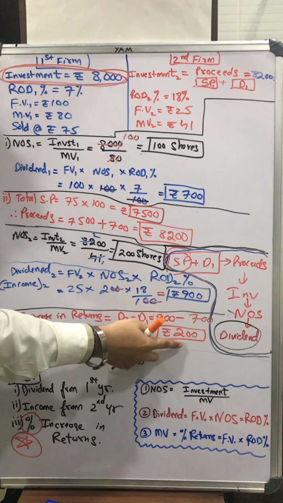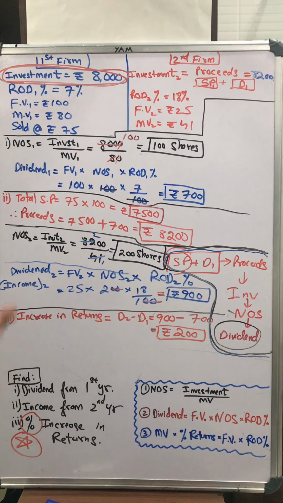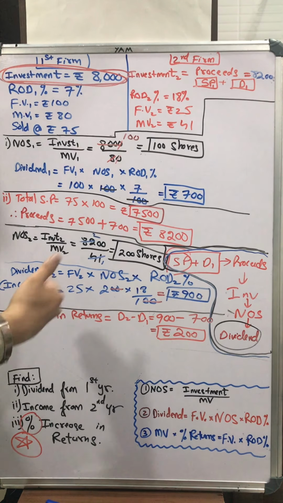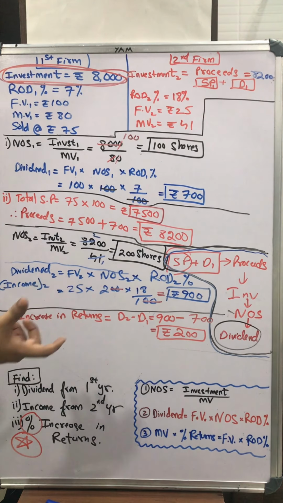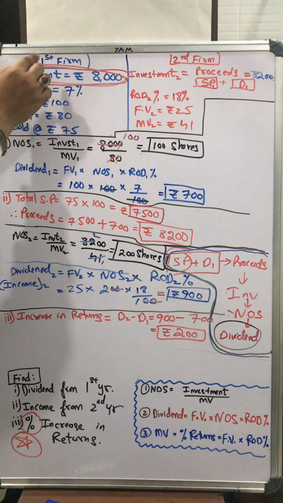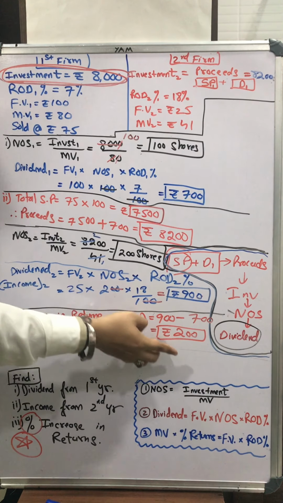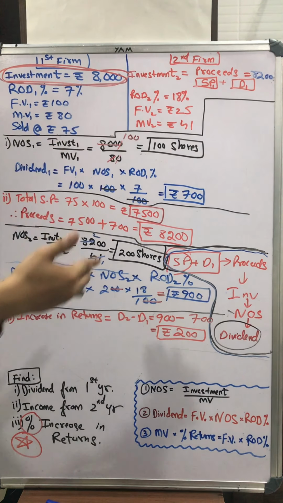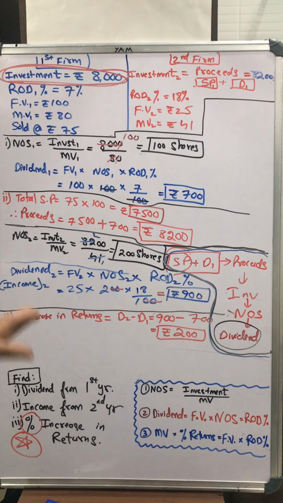So this 200 is eventually, I can say, a type of profit. So I am finding out the profit percent of the overall transaction of the 2 years, because here we are finding increase in returns. So the difference between the profits, but we have to compare it always with the original investment. So 200 will be divided by 8,000, and because we need to find percentage, we'll multiply with 100.